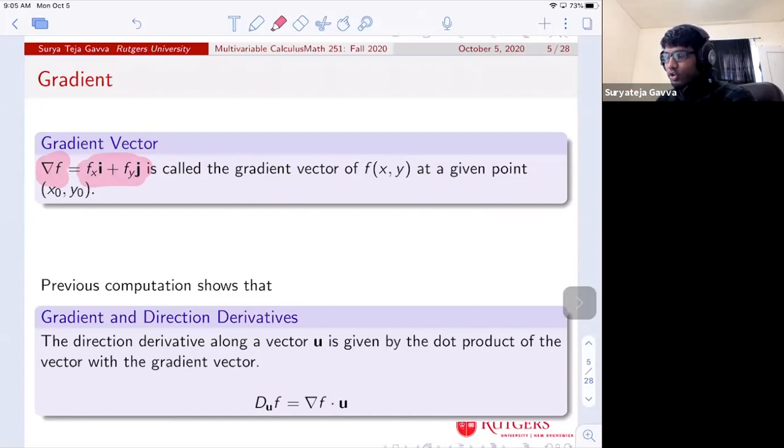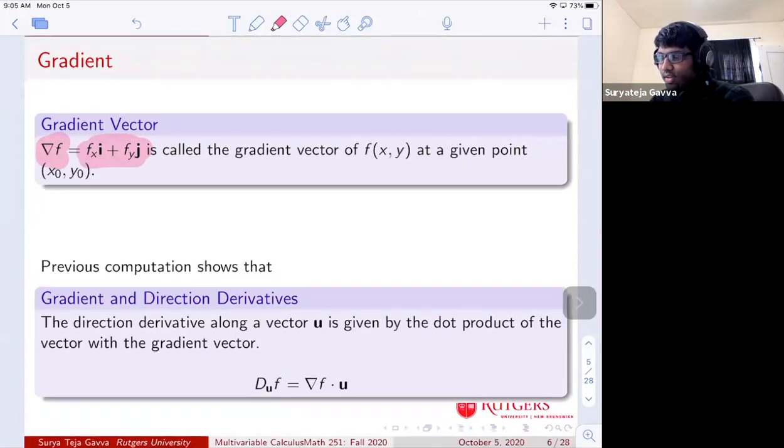And why do we care about this quantity? The previous computation tells you that any directional derivative that you want to compute can be written in terms of this vector. So the gradient of f dotted with u will give you the directional derivative. Is that clear?